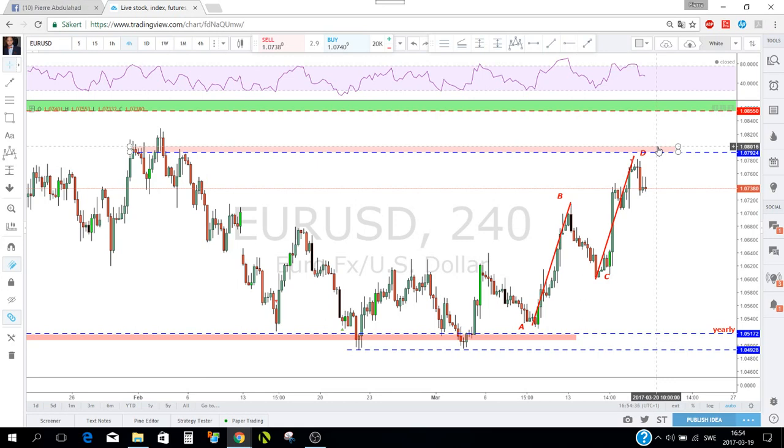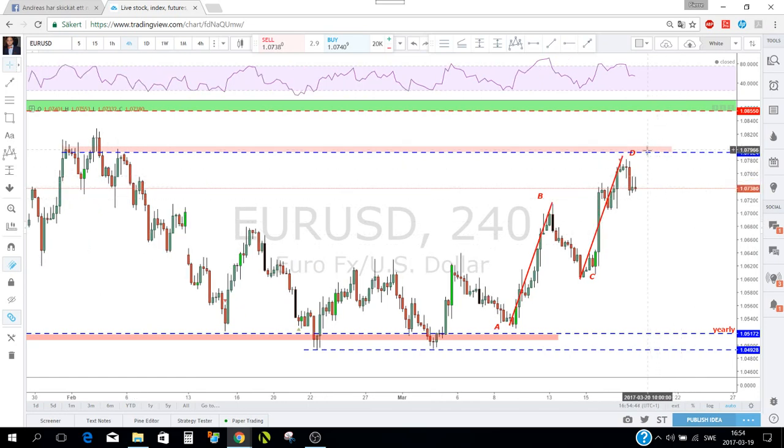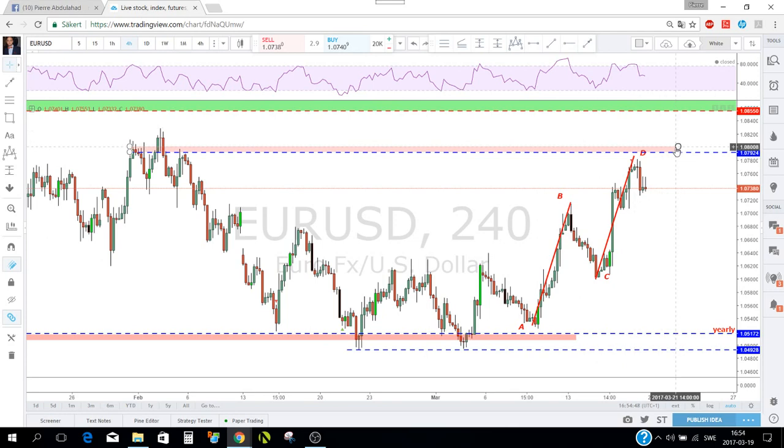So EURUSD, I will still be looking for this AB equals CD idea to get completed. Short on this pair from the 1.08 would be a very good place for me to find a shorting opportunity.